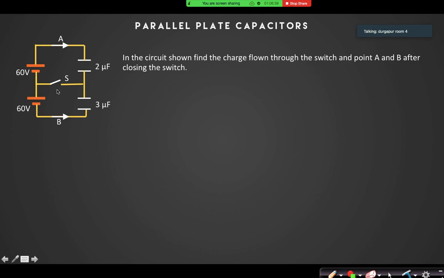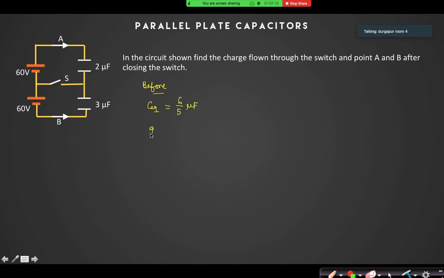Now, before closing that switch, what was the charge on the capacitors that we can find? The total battery potential will be 120 volt and the equivalent capacitance will be 6 divided by 5 microfarad, right? Before closing the switch, the equivalent is 6 divided by 5 microfarad.